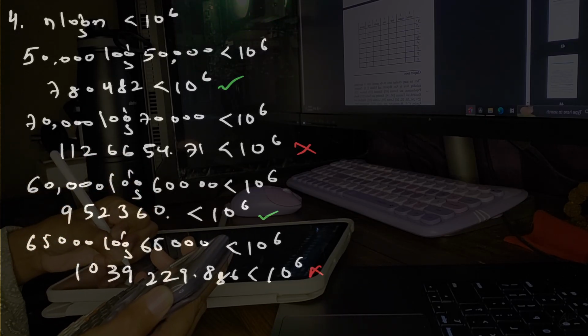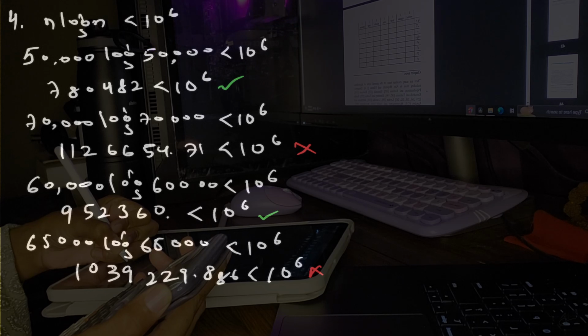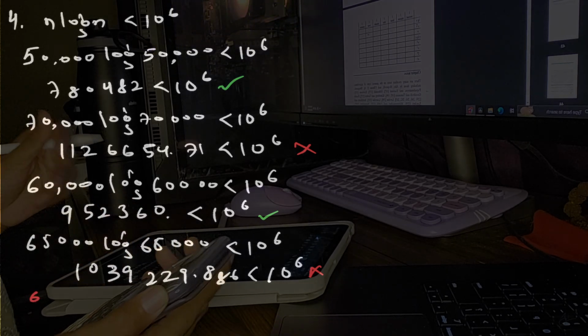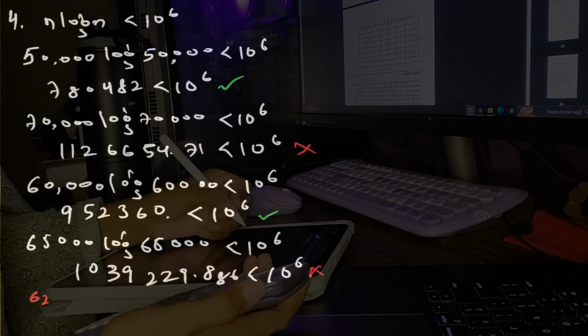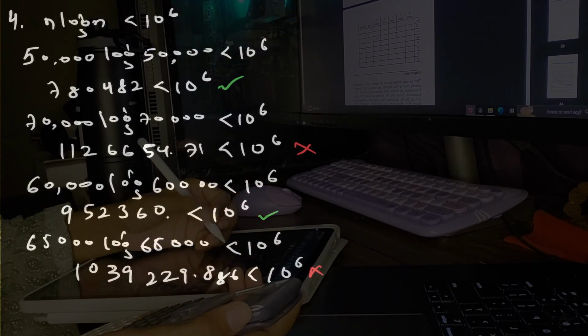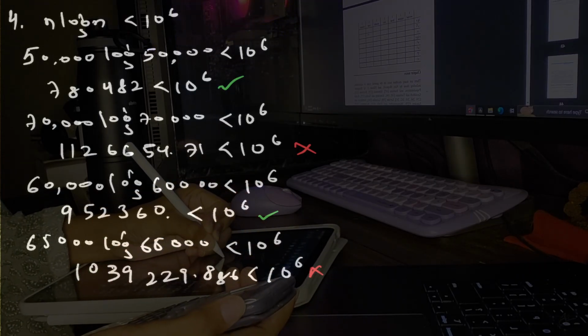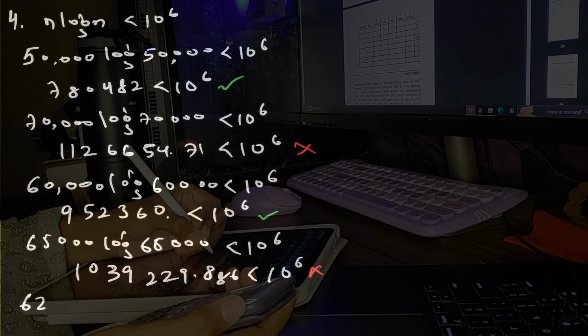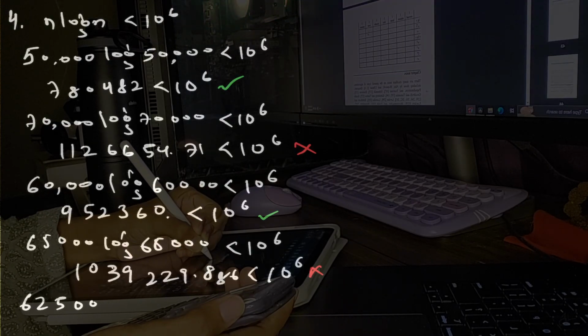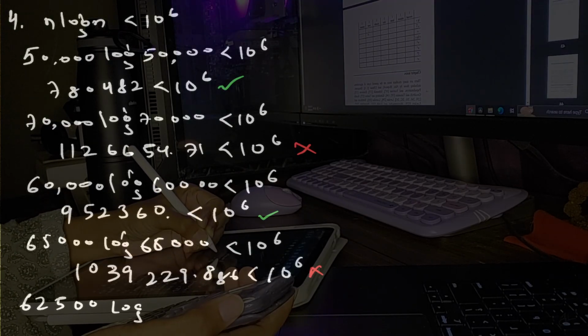Okay, next the mid of this would be 62.5. So 62,500: is n log n less than 10 to the power of 6? Let us see.